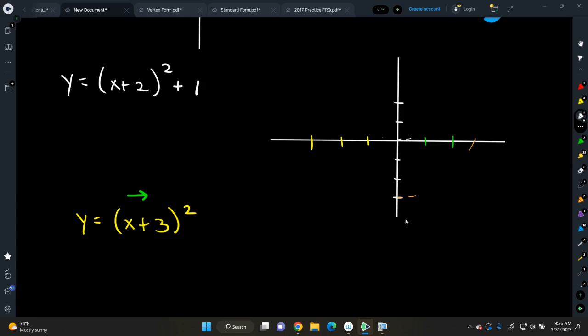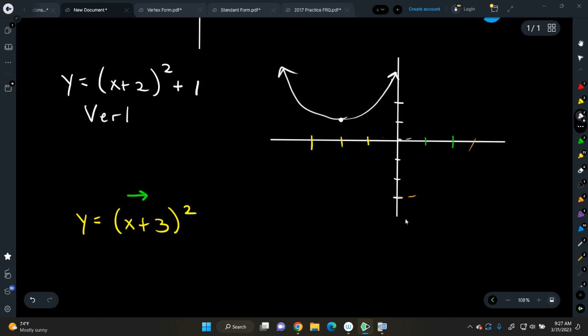Moves it to the left 2. And then it's going to go up 1. Right. What is the vertex of that parabola? It's this point right here. What's the coordinate of that point? Almost. Negative 2, 1.